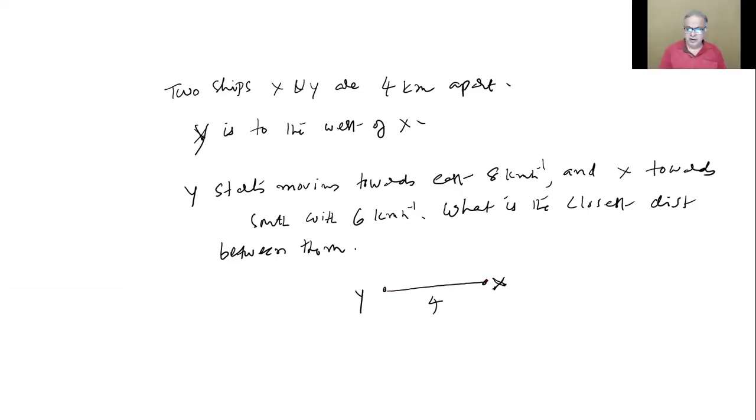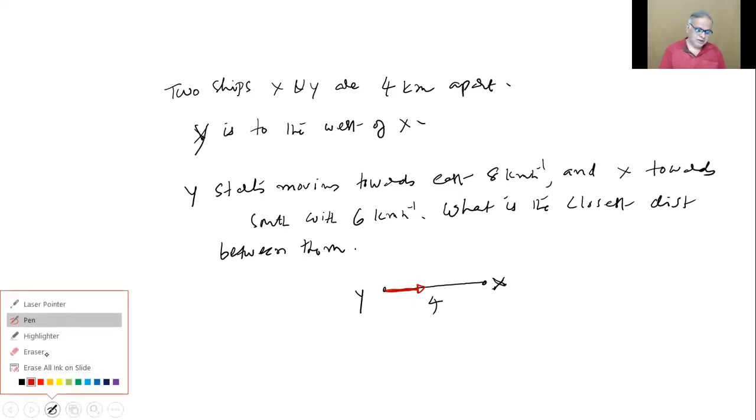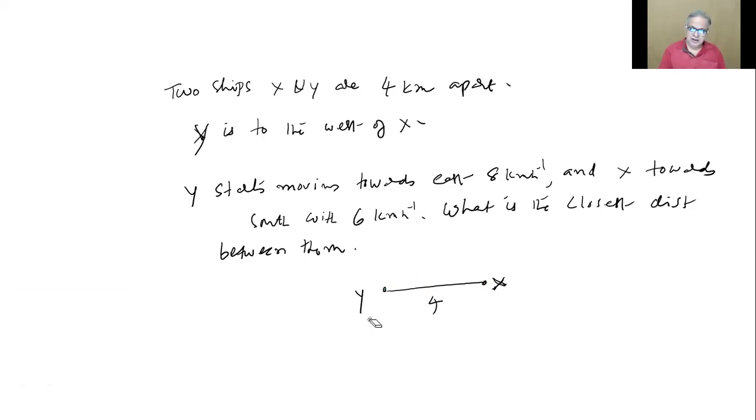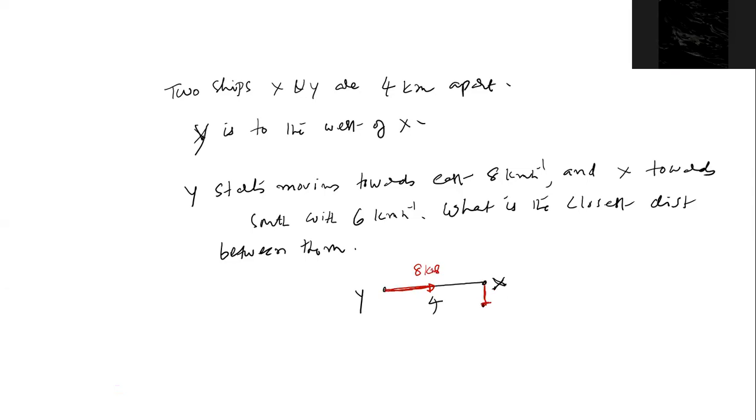It may not cover all this, so I'll put it a little longer so that it looks to scale. So this is 8 kilometers per hour. And X is going towards the south with 6. So this is the situation.